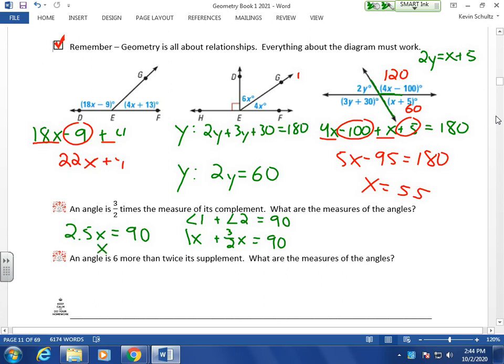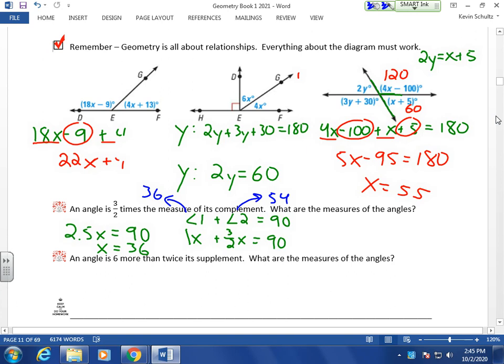X equals 36, which means that our angle 1 that we just labeled x is 36 degrees. What's 3/2 times 36? 54, which is good news because do 36 and 54 add to be 90? Yes, they do.